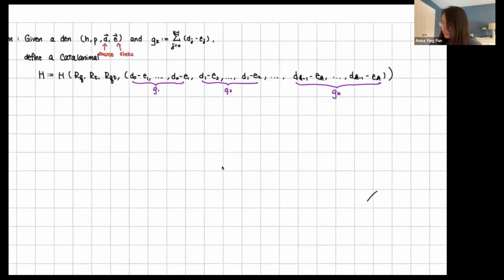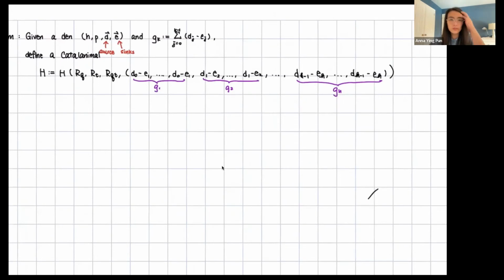I'll help you understand how we usually look at it. You pick your R_Q, R_T, R_QT in such a way that, first of all, the length is just summing up all the G's, and then R_Q and R_T are equal.